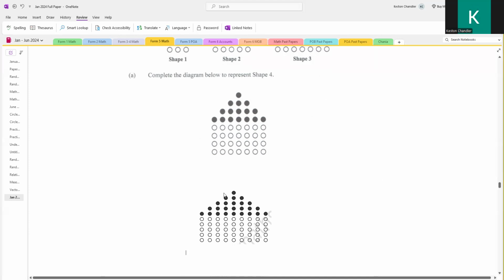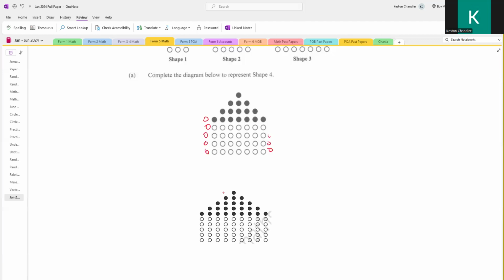Basically what I'm saying is that you're adding a row here, and you add a row coming up here now. Right, 5 there and 5 on the side there.